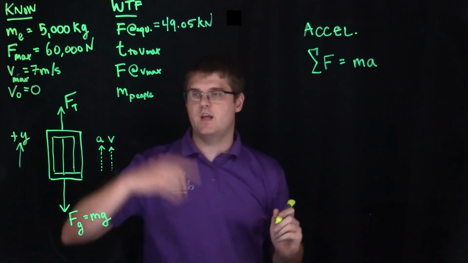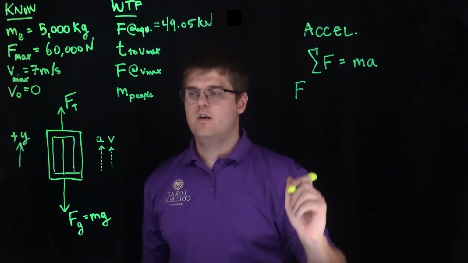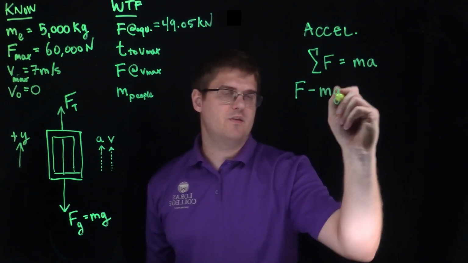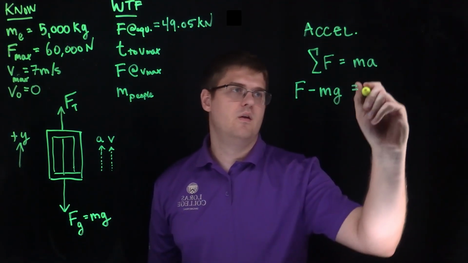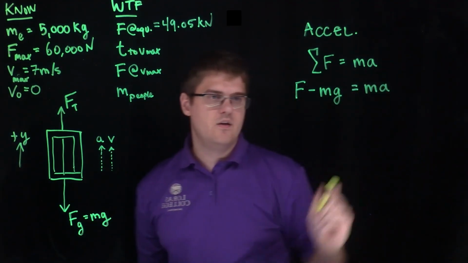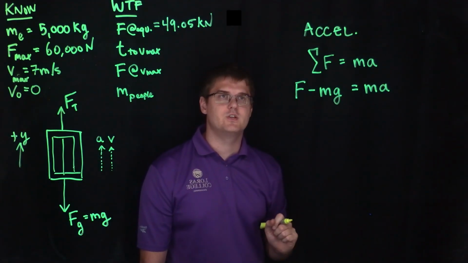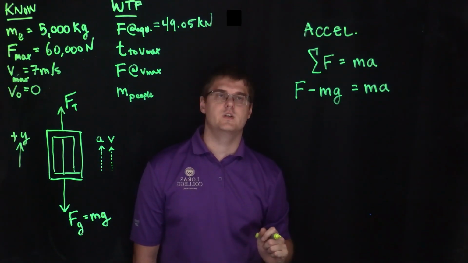My forces are the same: a positive force provided by the lift and a negative force provided by mass times gravity. Except this time, my acceleration isn't 0 because I labeled the situation accelerating. So what is my acceleration here?